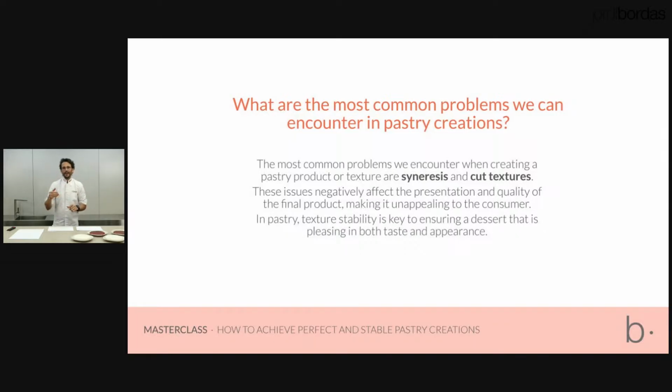For example, when preparing a crème anglaise, a mousse, or an emulsion, the process of freezing and thawing destroys a little bit of the work we did during production of the recipe.